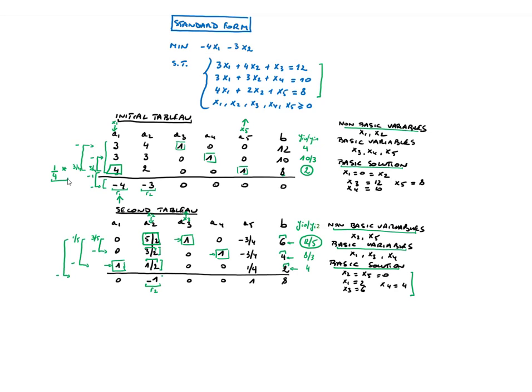The element to eliminate divided by the pivot, so that's minus 2 over 5, and then of course we need to multiply the first row by the inverse of the pivot, so that's 2 over 5, right? And now you should do these elementary row operations.